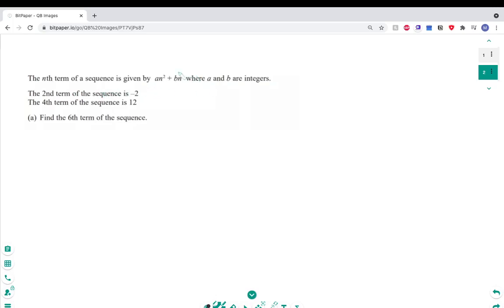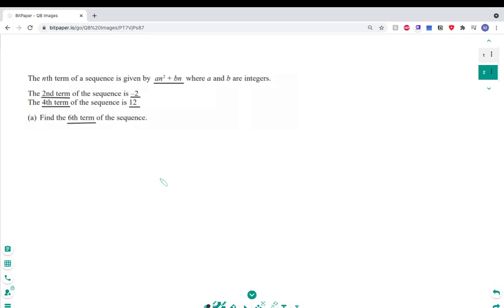Okay, so we have an algebraic sequence, and they actually haven't told us what a and b are. And then it tells us the second term of the sequence is minus 2. So the second term is minus 2. And the fourth term is 12. Okay. And the question is actually asking us to find the sixth term of the sequence.